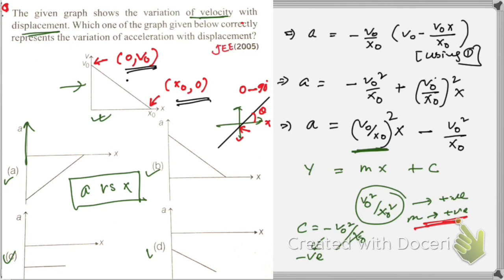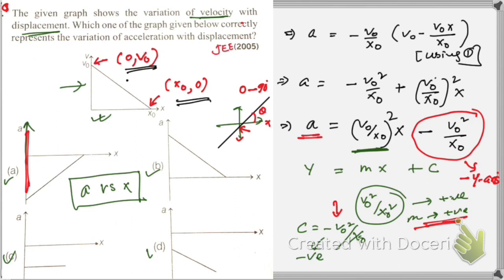Then only we will get c negative. So here we are getting c negative, that means it is intersecting the y-axis below the origin, that means at the negative y-axis. Okay, the intersection is at the negative y-axis, and this y-axis represents acceleration.